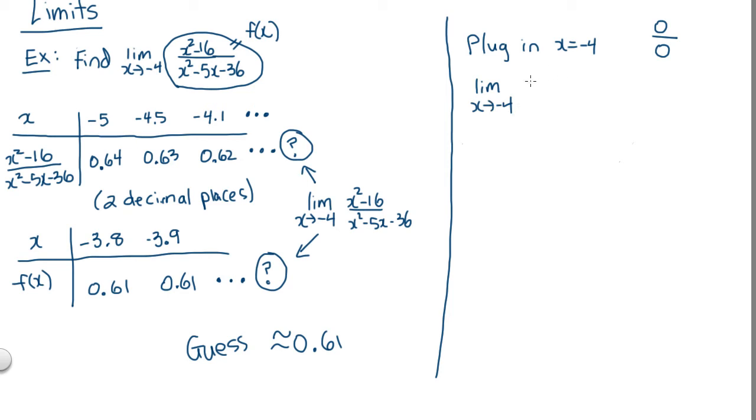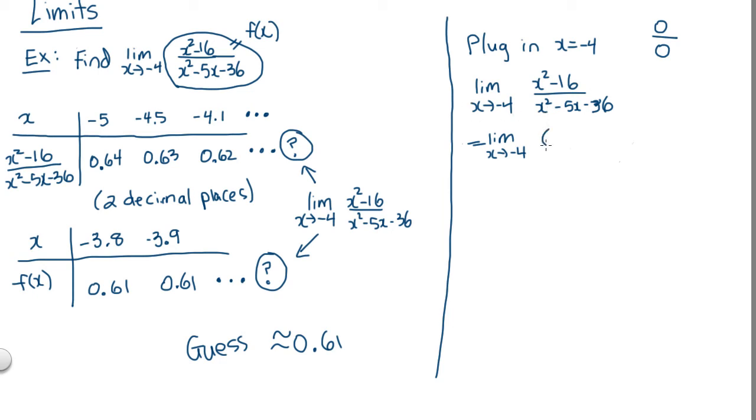So here's where we start. The limit as x goes to -4 of our function is equal to the limit as x goes to -4. And now we're going to need to factor the numerator and the denominator. Well, on top we've got a difference of squares.